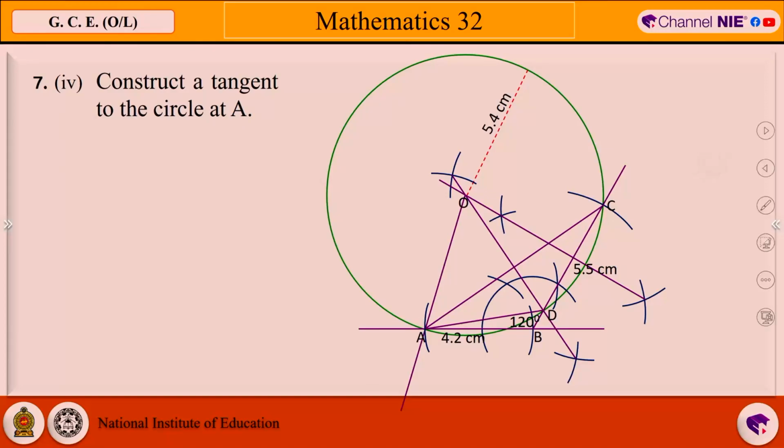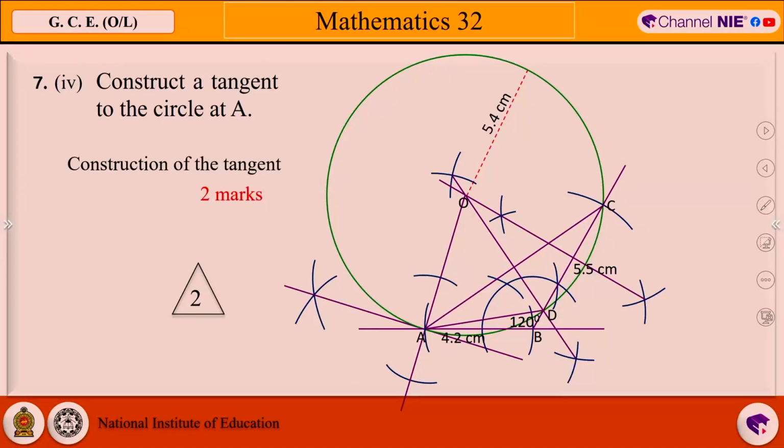Then we have to construct a perpendicular at the point A. You can construct it like this, and that is the tangent to the circle at A. If you have done it correctly, you can score 2 marks for the tangent.